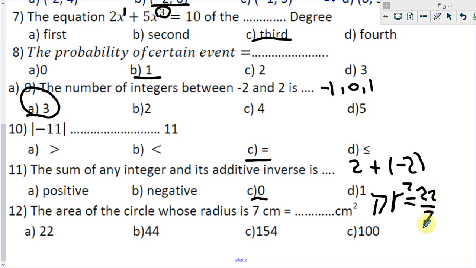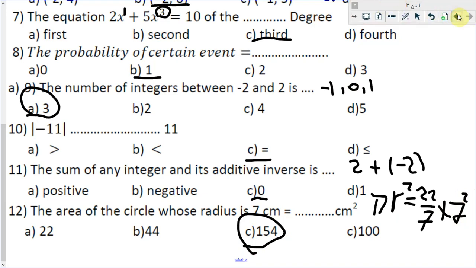This is the first value, and what is the second value? The second value is 3.14. Multiply 7, this is our radius, power of 2, and put it in your calculator. The result will be 154.